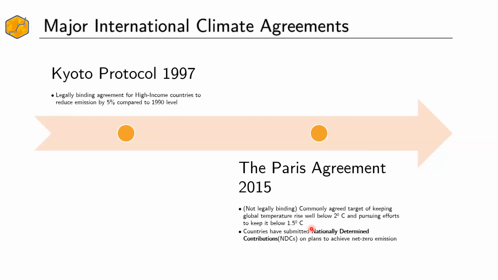It was not legally binding. And as responsible entities, every country came up with their own plan. It's called Nationally Determined Contributions, or NDCs, to achieve net zero emission. Ultimately, if you reduce your carbon dioxide footprint, it will help you achieve this milestone, because CO2 emission leads to global warming.